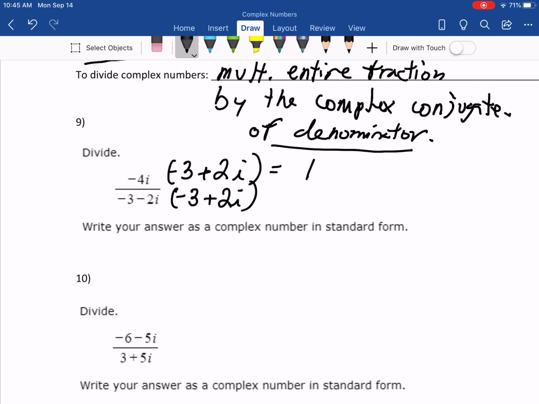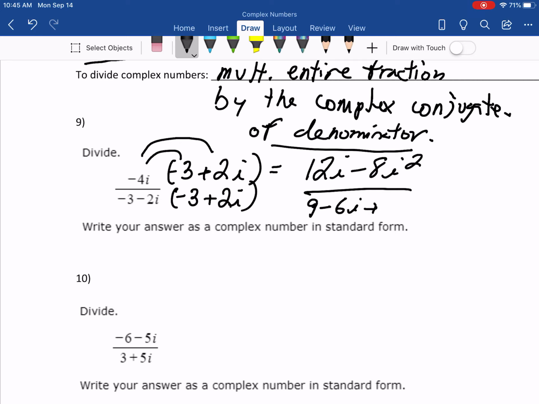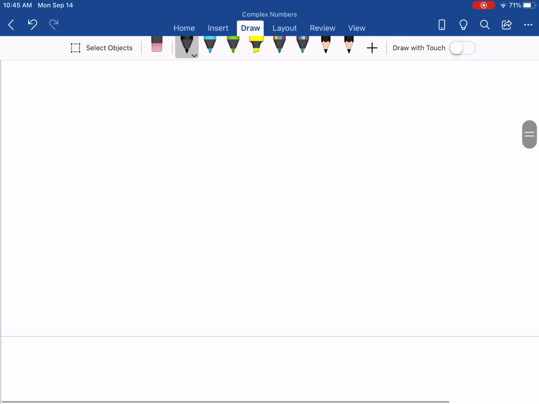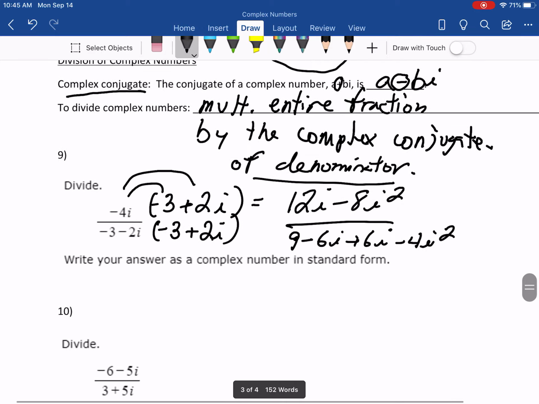We have 12i minus 8i squared over 9 minus 6i plus 6i minus 4i squared.